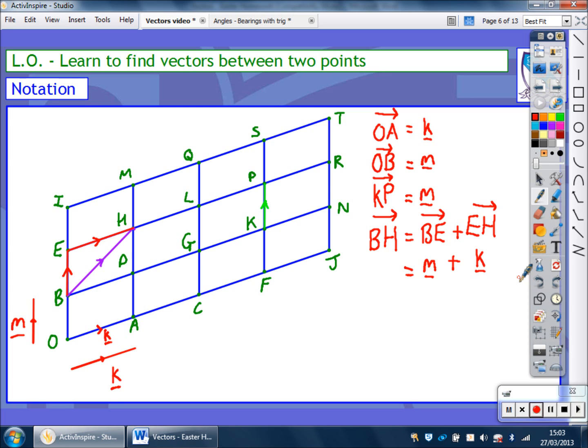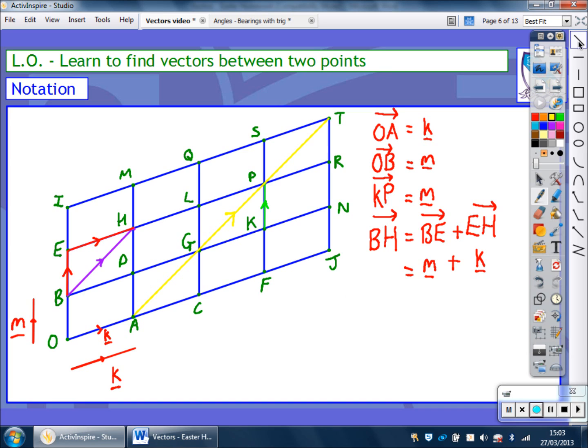Right, let's just look at another one. Okay, so let's look at the vector A to T. You can clearly see that this is a lot bigger in size than the other vectors we've been looking at.